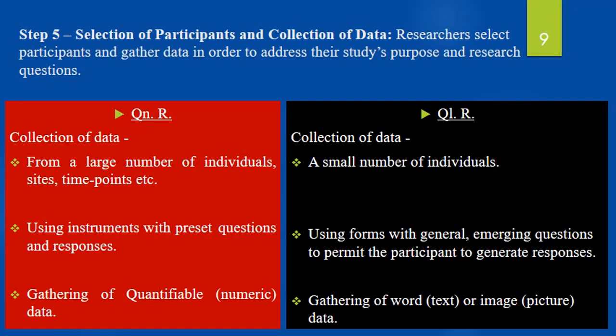These quantitative studies, therefore, often include dozens, hundreds, or even thousands of participants, depending on the study's purpose. Researchers normally use instruments to measure the variables of interest from all of these participants. Now we know that an instrument is a tool for recording data in the form of quantitative numbers or scores.